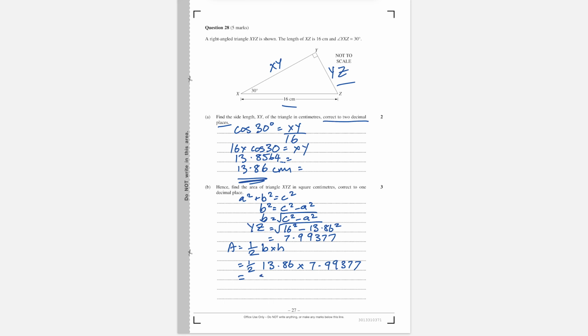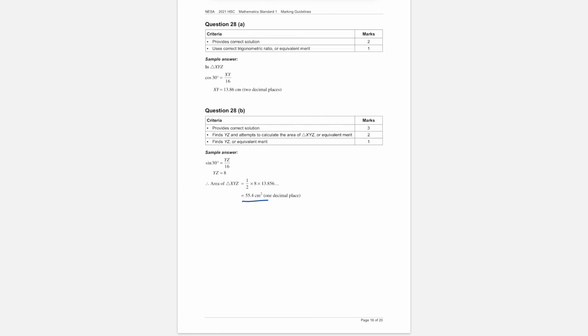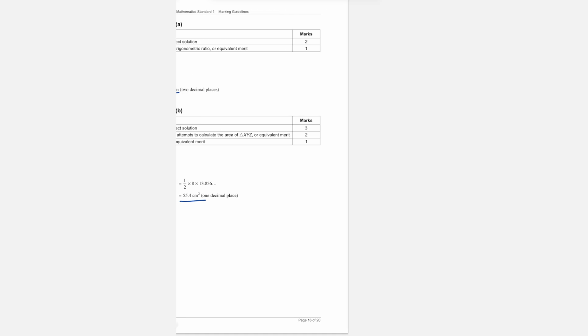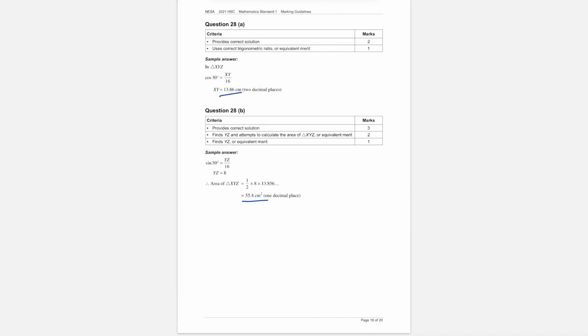So that gives us an area of 55.396. And they want it correct to 1 decimal place. So 55.4 centimeters squared. Yep. Great. That's it.